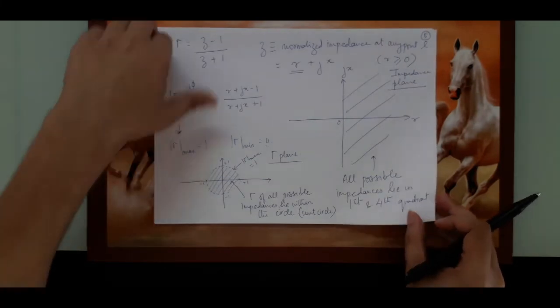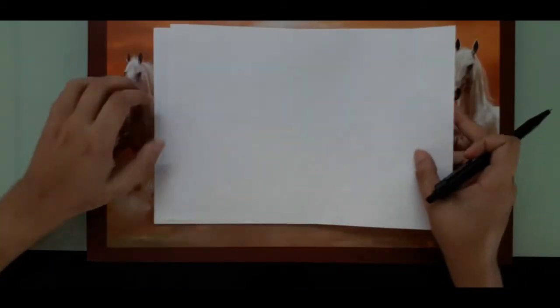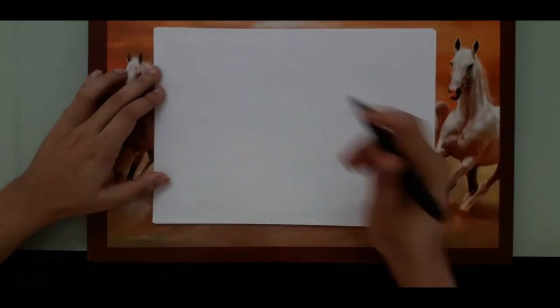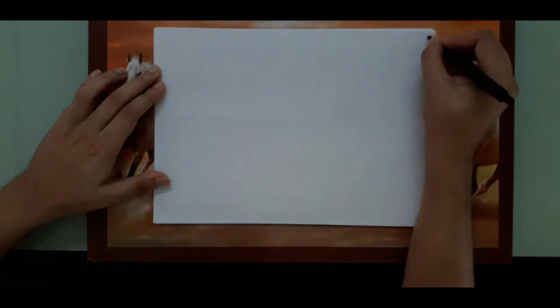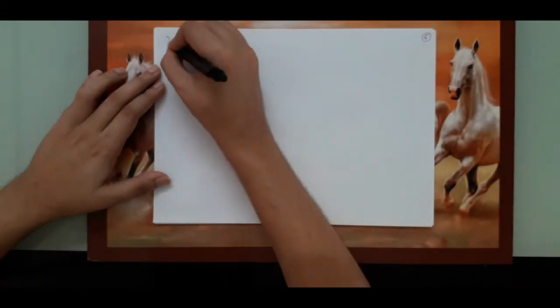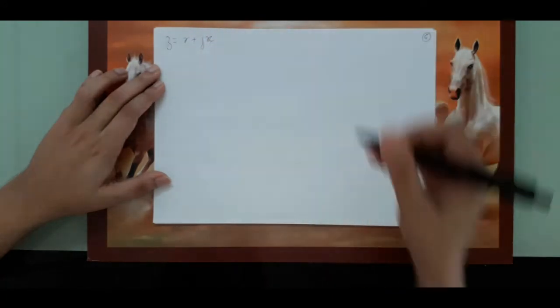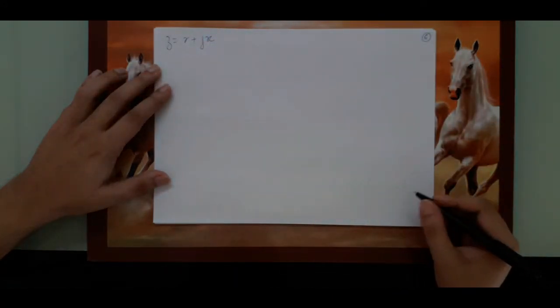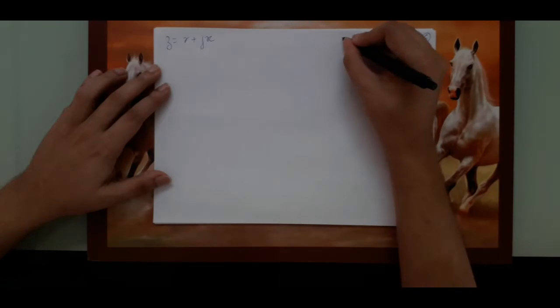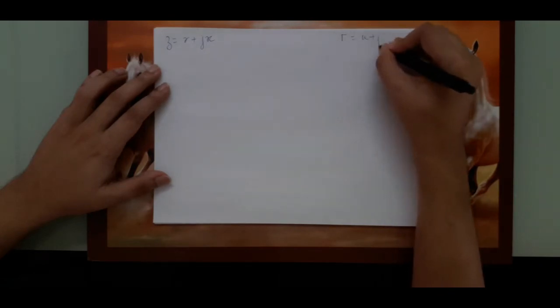Now let's get to business. We had defined impedance Z as R plus jX, or the normalized impedance. Let us define gamma as U plus jV.